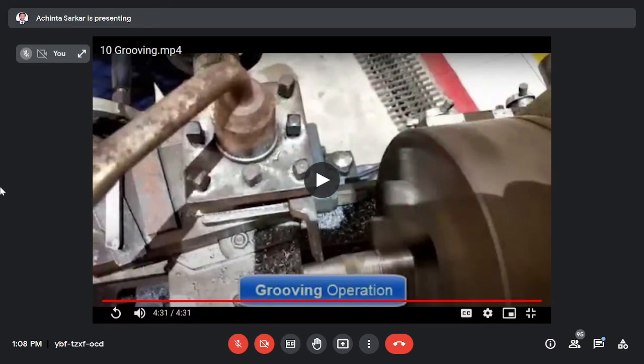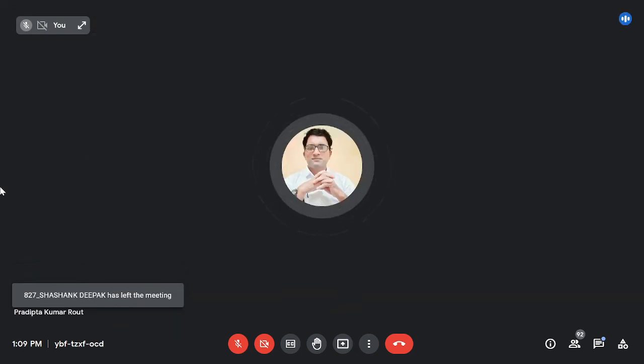So grooving means, see, there also we are reducing the diameter, but in a different way. When you want to make a narrow passage or groove, this operation is required, along with a separate cutting tool. For plain turning and facing we used a single point cutting tool or single point turning tool, but here the cutting tool is different.